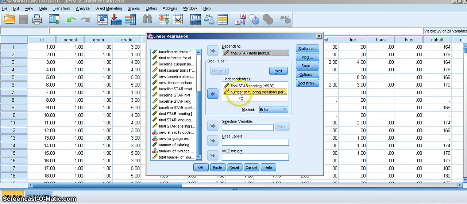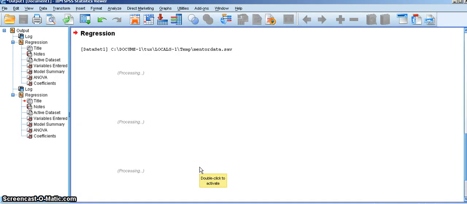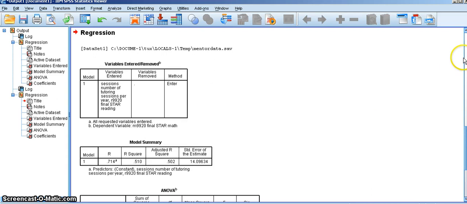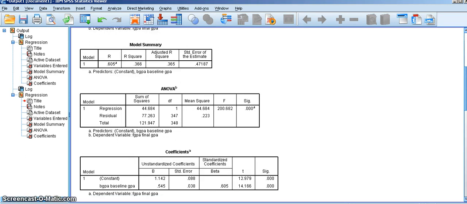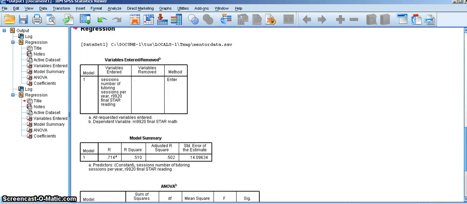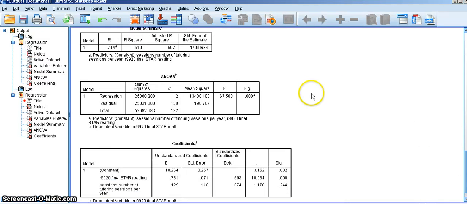We can have 3, 4, 5 or more predictors in our equation. And I'm going to click OK. So now here's our second model.